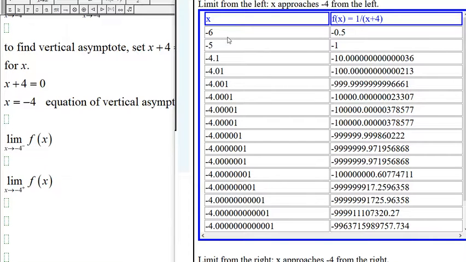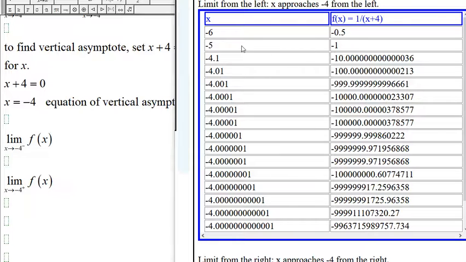Here we're approaching negative 4 from the left side, so we start at negative 6, go to negative 5, and then move closer and closer to negative 4. These are the corresponding y values. When x is negative 6, y is negative 0.5.